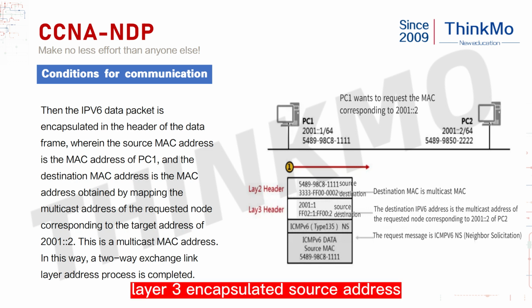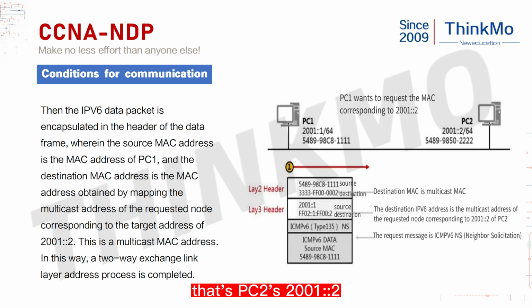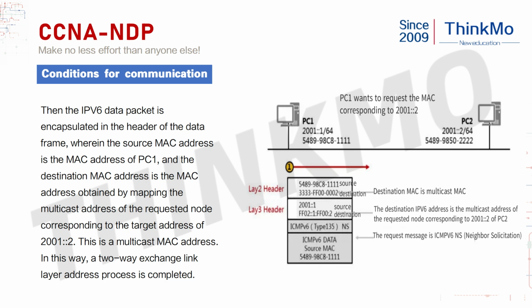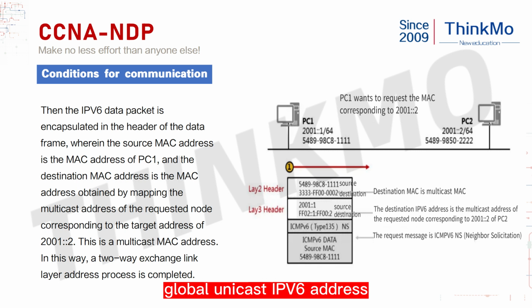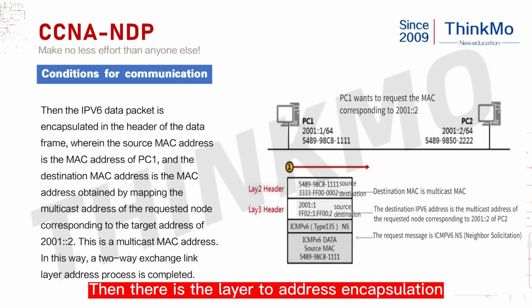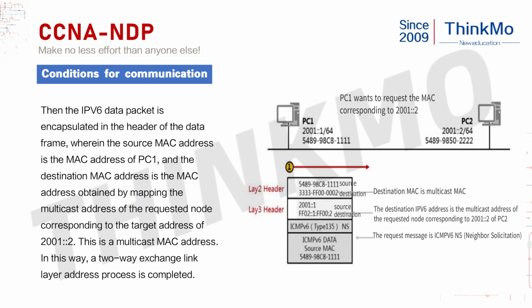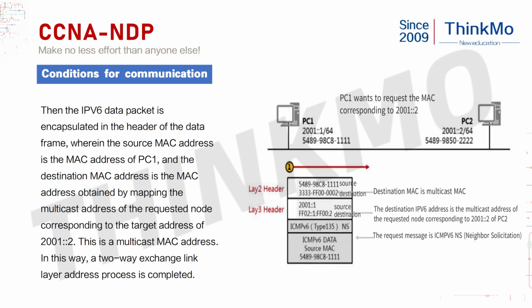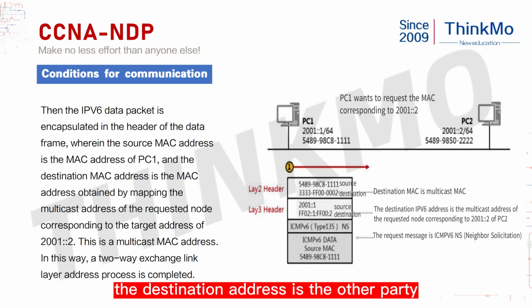The layer 3 encapsulated source address is PC2's 2001::2 global unicast IPv6 address. And the destination address belongs to the other party, the global unicast IPv6 address 2001::1. Then there is the layer 2 address encapsulation. Its source address is the link layer address of the PC2 interface, that's the MAC address. The destination address is the link layer address of the other party's interface.